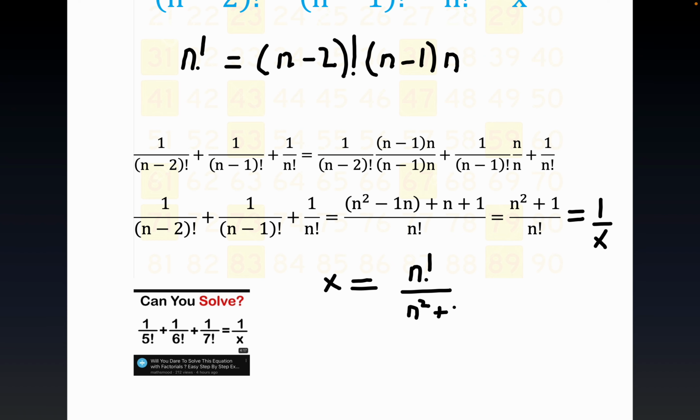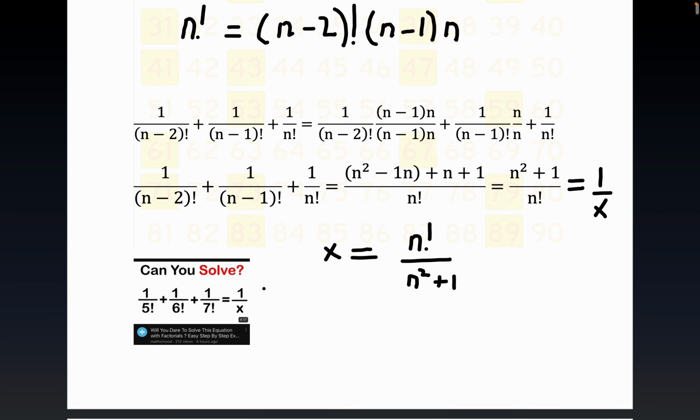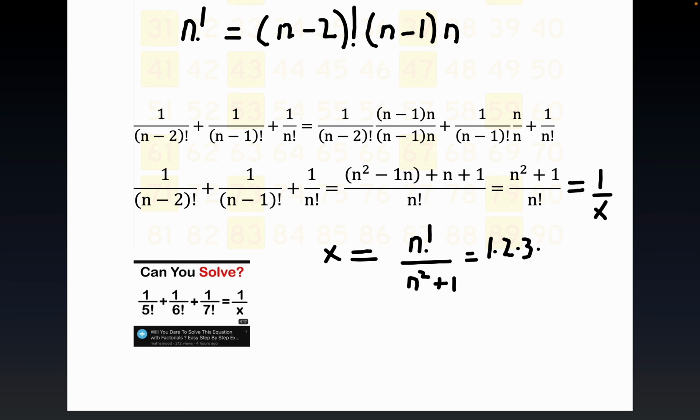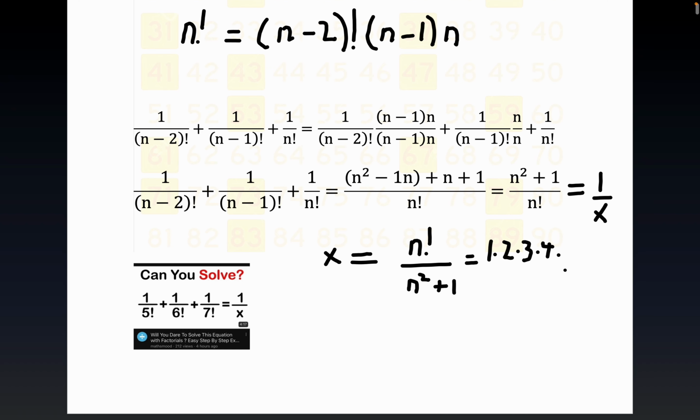Now again, as we mentioned, n is certainly equal to 7 right here. So we can write this as, I'll just write it out, 1 times 2 times 3 times 6 times 7.